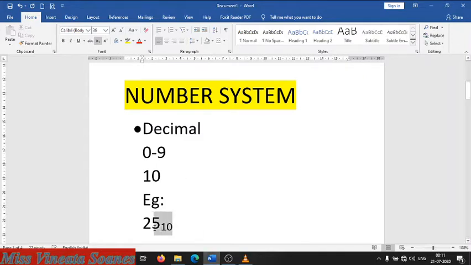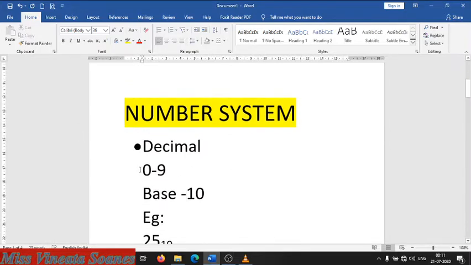This 10 signifies that it is the base of this number 25. So immediately you will know that this is a decimal number system. So base basically is for that, right? And the digits that we use are 0 to 9.